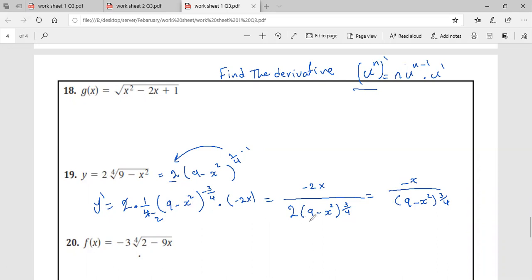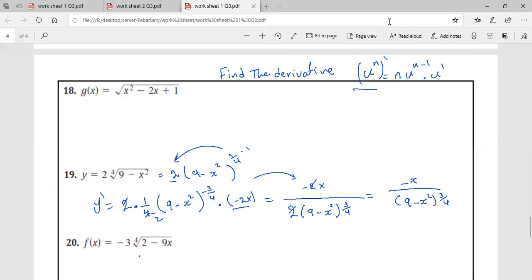This one I move to the denominator because multiplying a bracket or any variable with a negative power means I divide by it with a positive power. So this one will be in the numerator. Simplify, cancel this one together. It will be negative x over 9 minus x squared raised to power 3/4. Okay, I hope you understand.